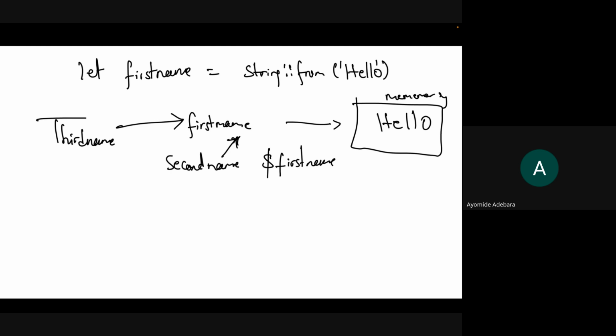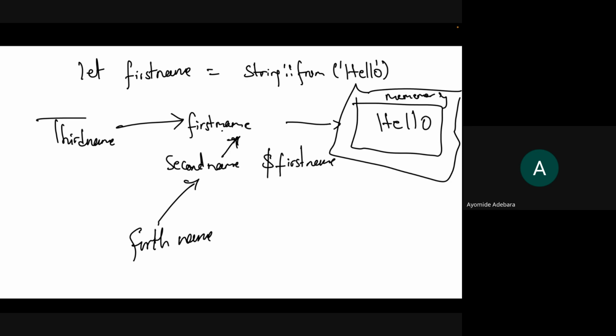Now, notice the branch. The third name is referencing the first name. The second name is referencing the first name. But now the fourth name is referencing the second name, which is a reference to this memory for the first name. So that means it's now going to be a reference of what? Of the first name.